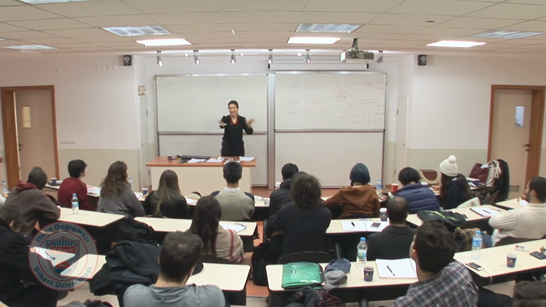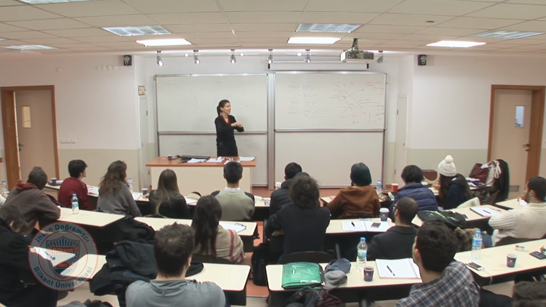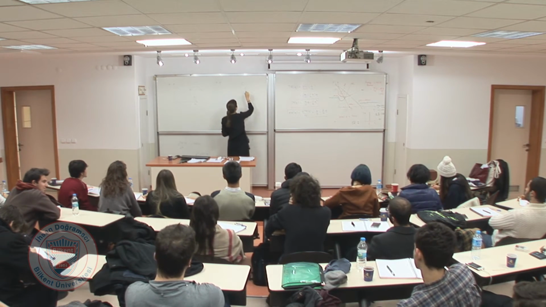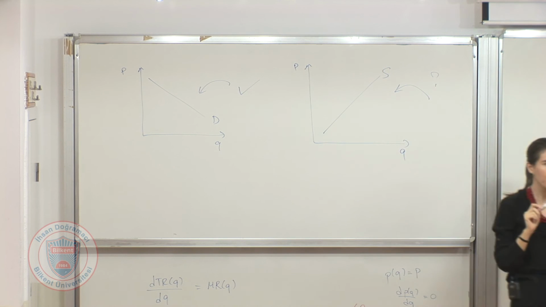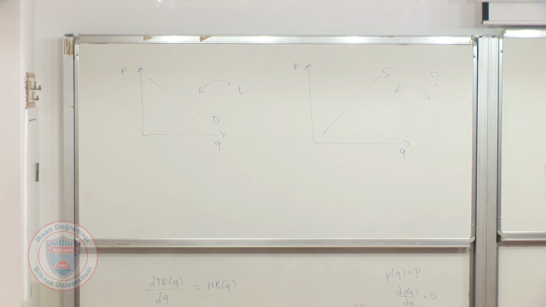I promised you, but I haven't kept my promise yet. I will. So where does this guy come from? Obviously, you can guess that, hocam, this is coming from the profit maximization problem, okay? And then yes, it's coming from the profit maximization problem, but you'll see that.